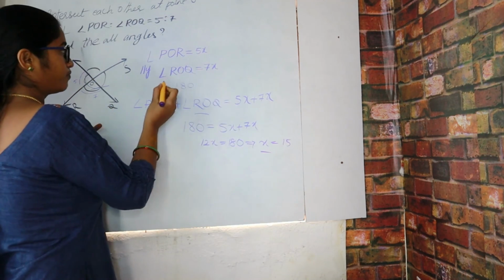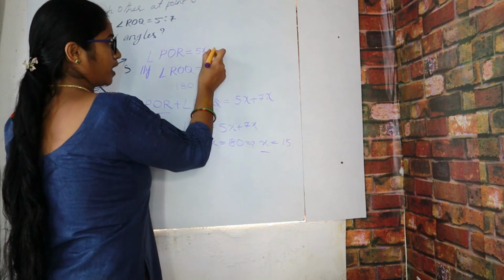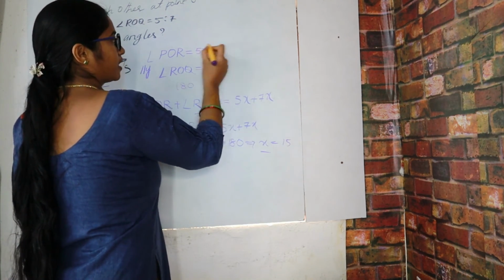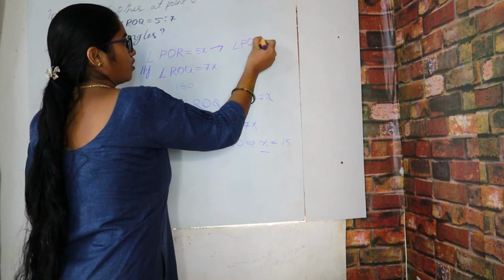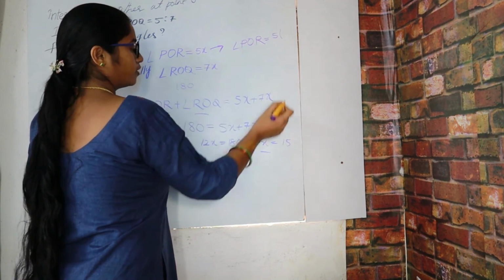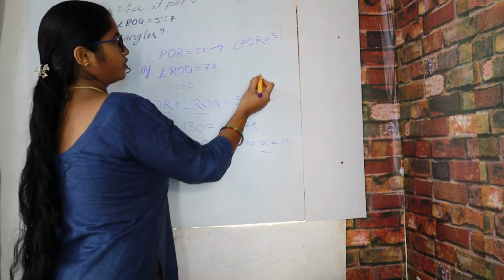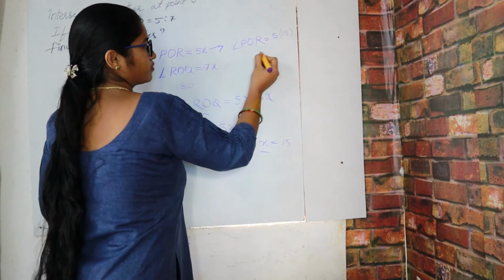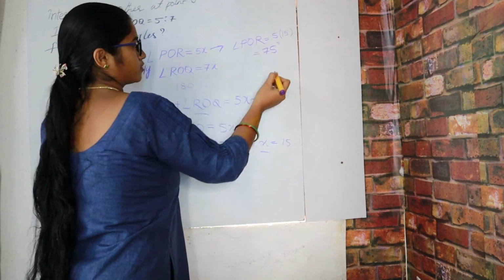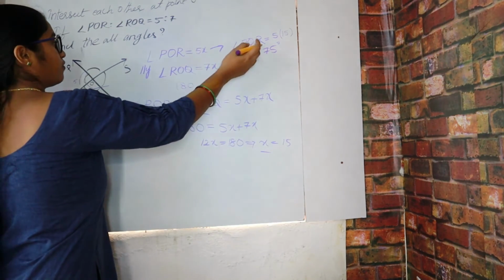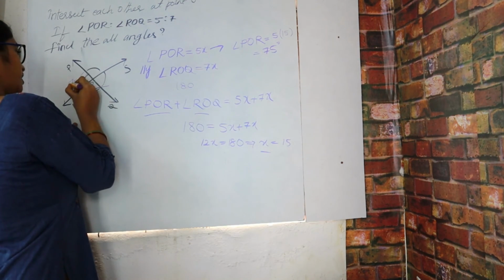Okay, so if you substitute this value in this equation, angle POR equals 5 into how much is the x value? 15. So by substituting this value the answer is 75 degrees. Angle POR equals 75 degrees.